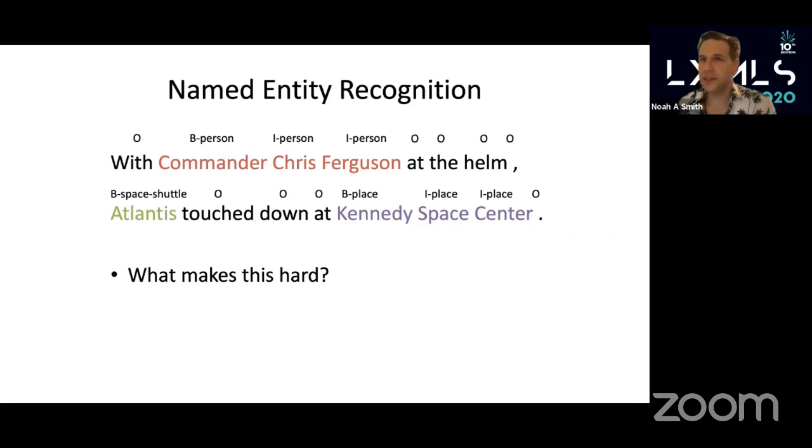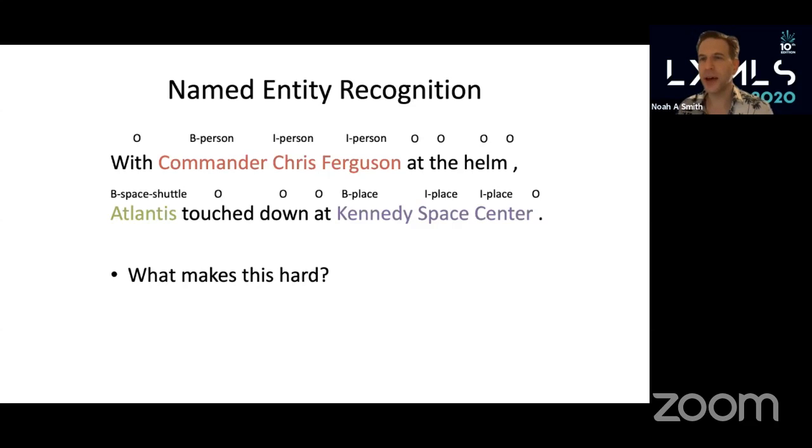The reason this task isn't completely trivial is that the way that we name things, particularly in English, and especially in American English, we like to name things after other things. So Kennedy Space Center is a place, but it's named after Kennedy, who was a person. And there are many examples of this. So, I teach at the University of Washington, which is named after a person, George Washington.